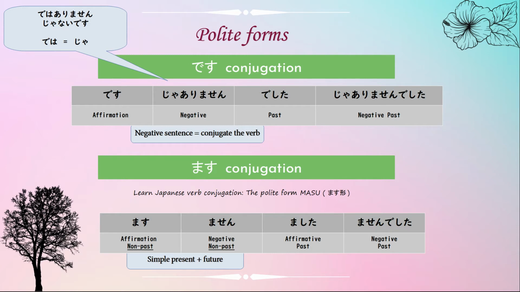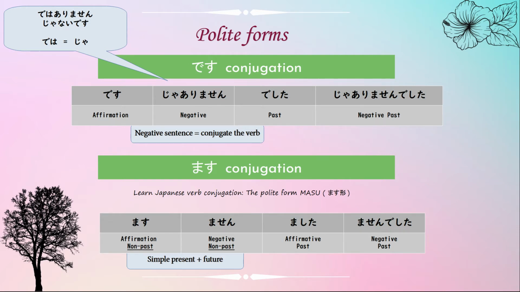Be careful too about this negative form because you have many different ways to conjugate it. You have dewa arimasen, which becomes ja arimasen because dewa becomes ja when it's oral, and it also becomes janai desu in, let's say, semi-polite speech. Well, whatever, just know that you have many different forms.